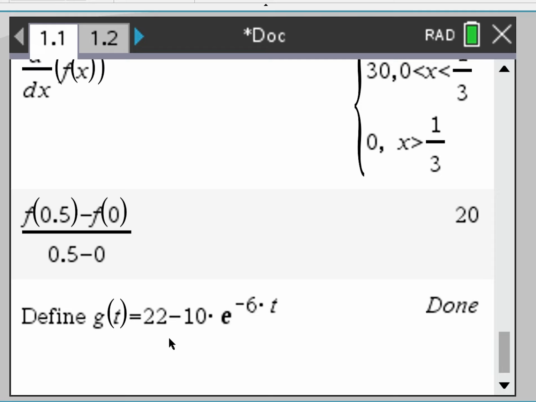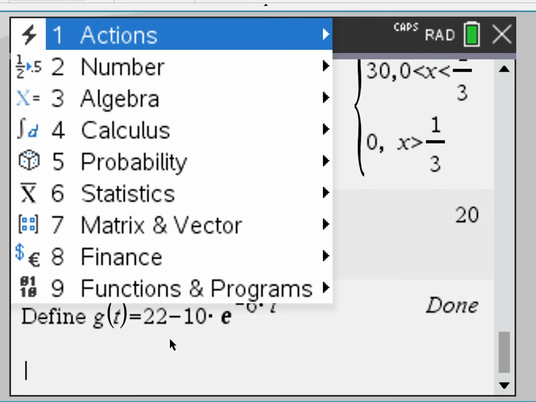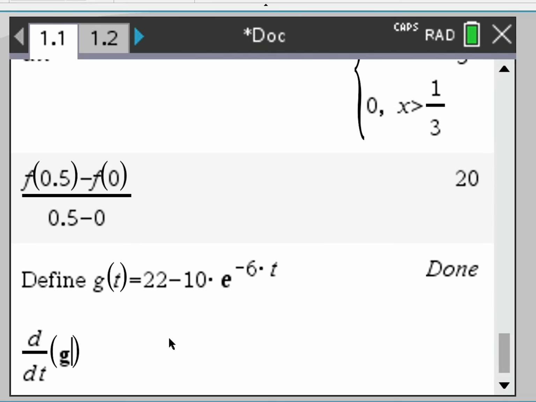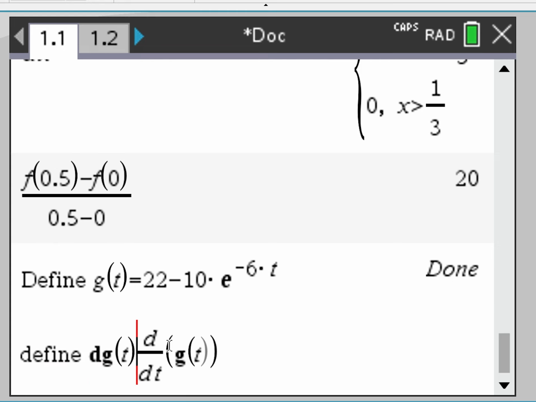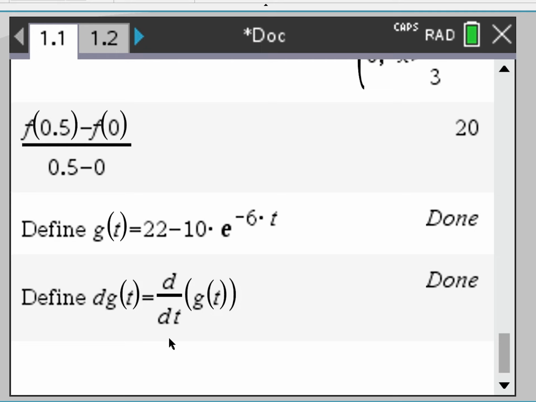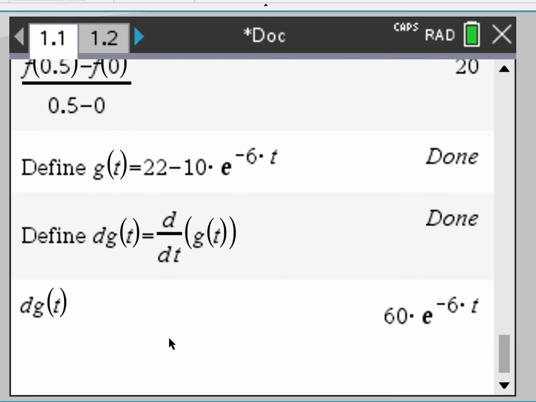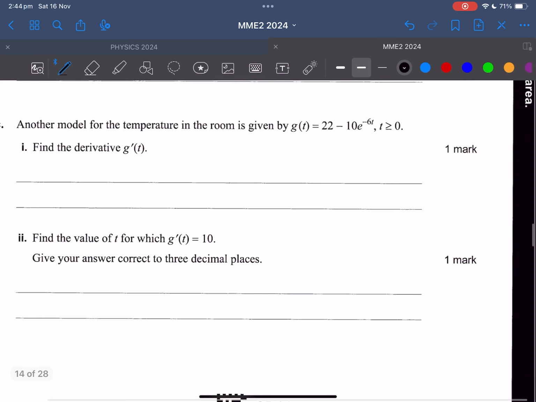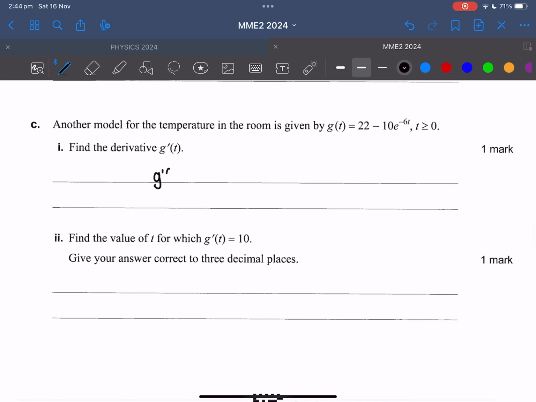So the derivative of that, menu, 1, d/dt of g of t. Maybe I'll quickly define that as well. So g dash of t equals 60e to the power of minus 6t.